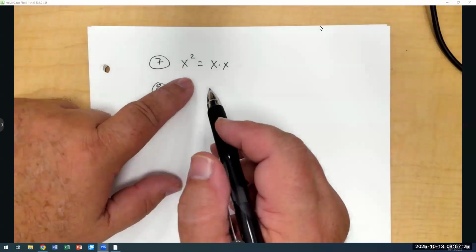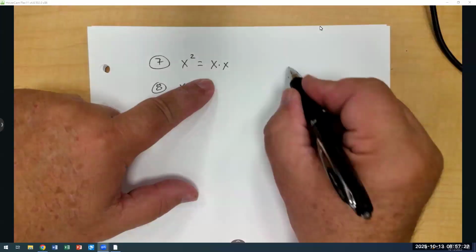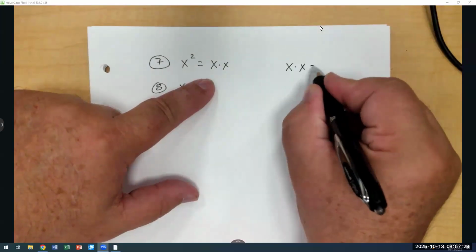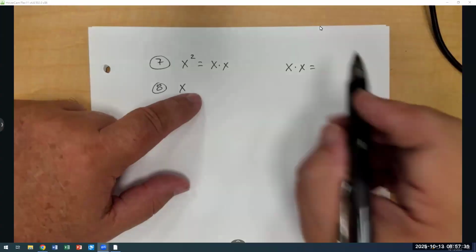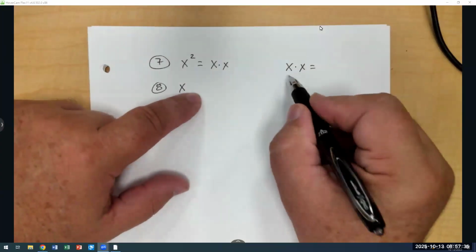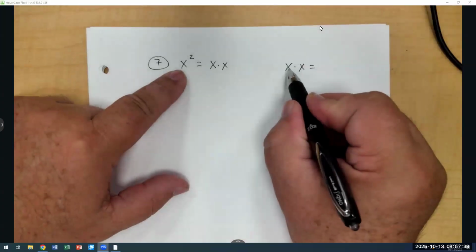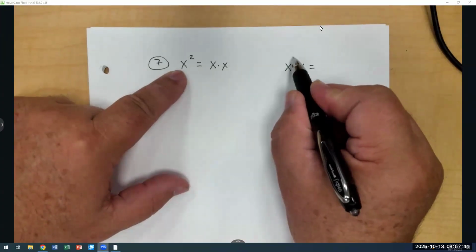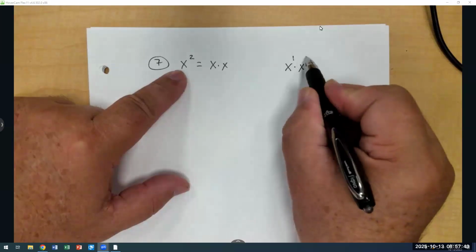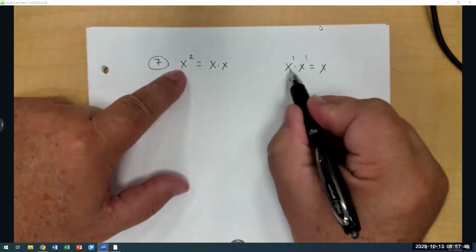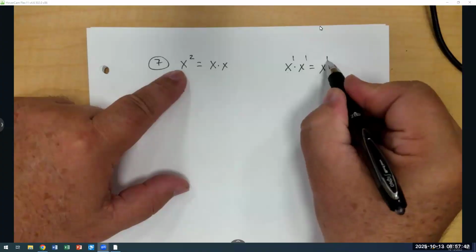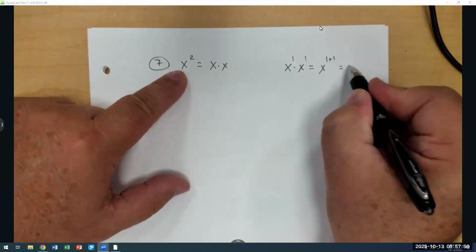Well, yes, we do. The first rule, let's look at this side. What is X times X? What's the power of X? How many times is the exponent? This one says there's 2 X's. This one says there's how many X? There's only 1 X. So what this tells us, using the rule, same bases, what do you do with the exponents?